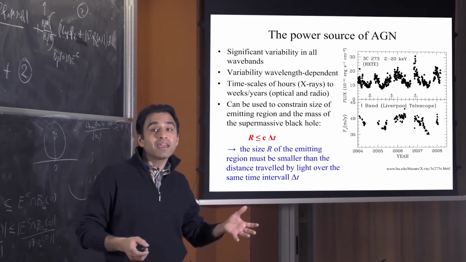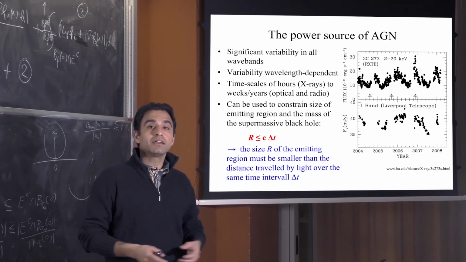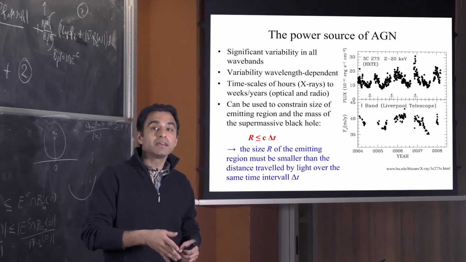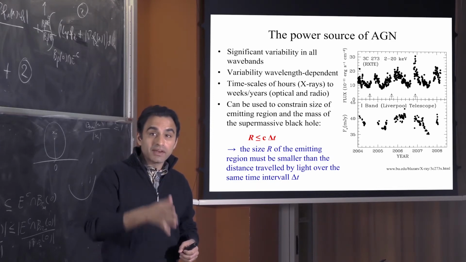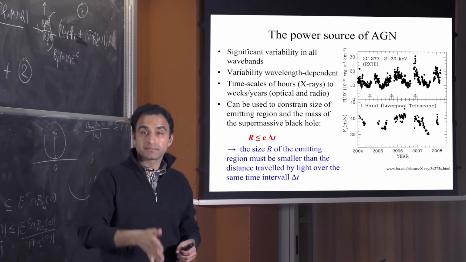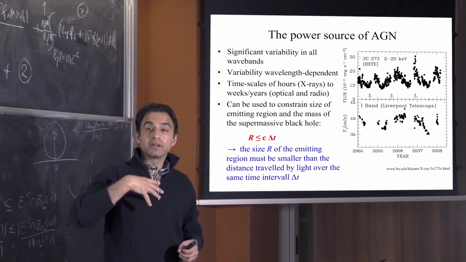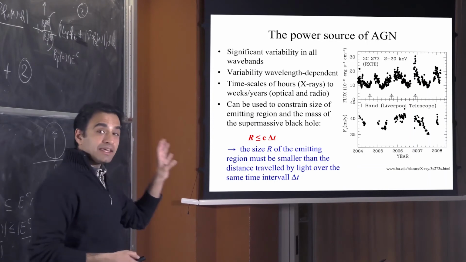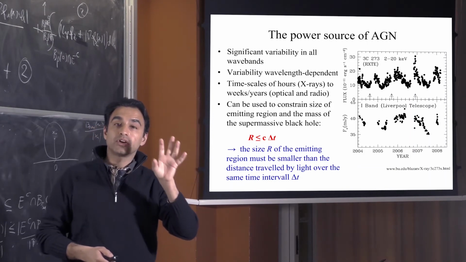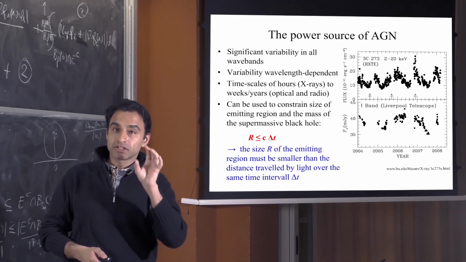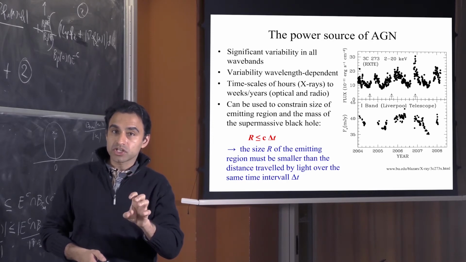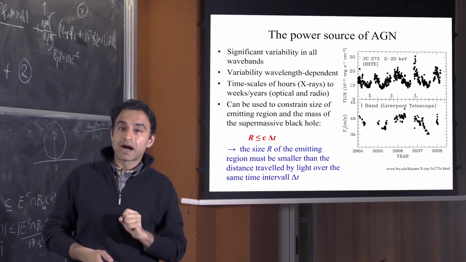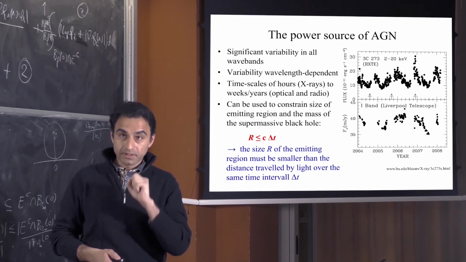So within a day of observation, you may see a single AGN varying in its flux, so luminosity per unit time on the receiver. This is a key fundamental observation that sheds light on the origin of power coming from an AGN. Let me show you why.